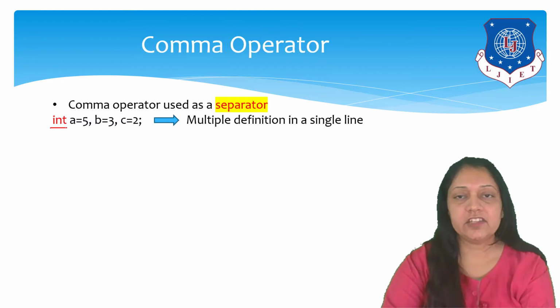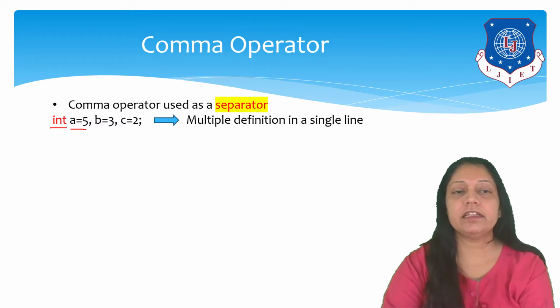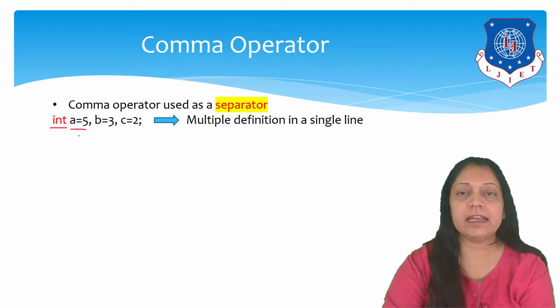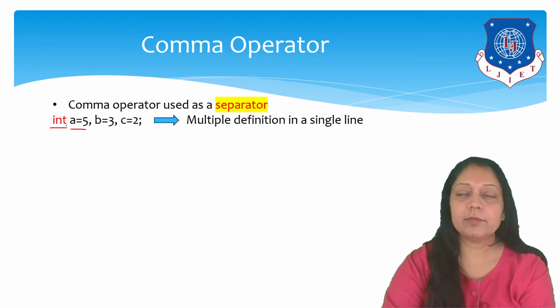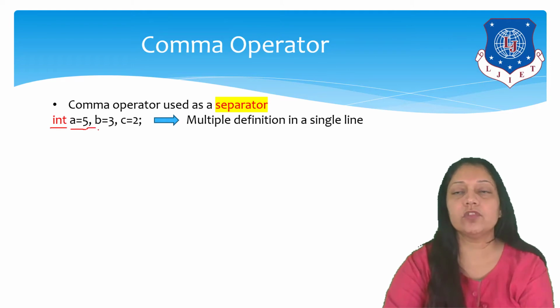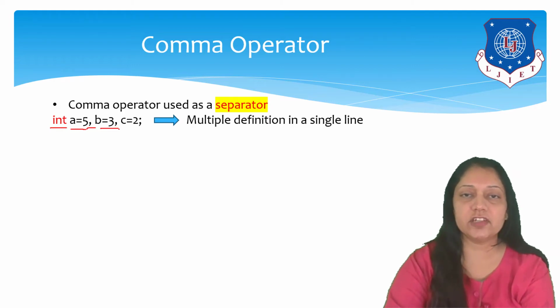We have the integer data type, then we have written a equal to 5, meaning we are declaring a variable a whose initial value is 5 and it is of integer data type. In the same line, if we want to add more than one variable, we'll use a comma and then write b equal to 3. So b is another variable which we are declaring as an integer data type and the initial value is 3.